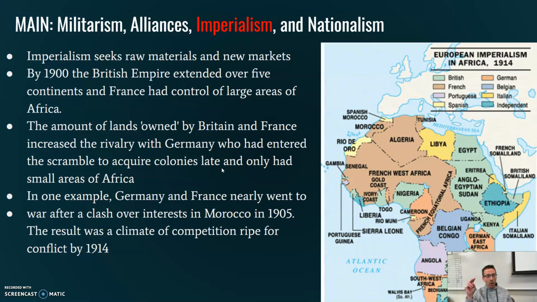So the amount of land owned by Britain and France was huge, and Germany wanted to enter the scramble to acquire colonies, but they were late because they were late to unify. And so Germany was fighting for this, but like France, they almost went to war after a clash over interest in Morocco, which is up here, in 1905.